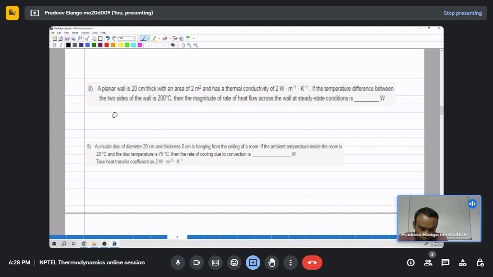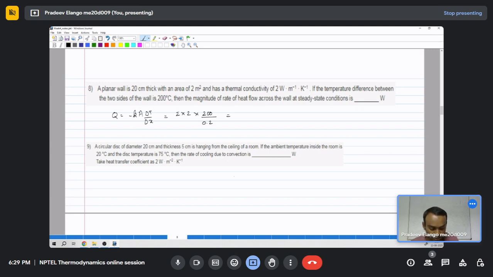So we know Q is minus KA delta T by delta X. Here K is given as 2, area is given as 2 meters square, and delta T is 200 degrees Celsius. 200 temperature difference in degree scale and Kelvin is also the same. So we have delta T as 200 and the thickness as 20 centimeters. So in SI units we will have it as 0.2 meters. So you can calculate the heat transfer in watts.